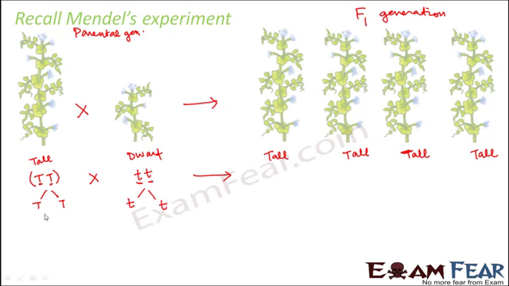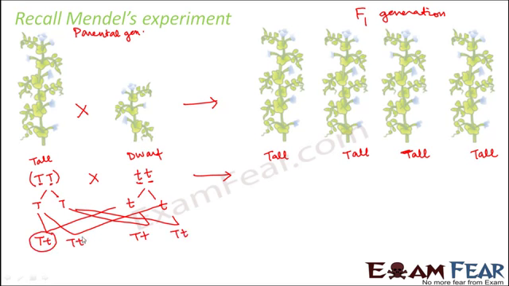Now, what can happen? If any of these combine with any of these, the net result is always going to be capital T, small t, capital T, small t, capital T, small t. So, the only possibility if a homozygous tall is crossed with a homozygous dwarf is that you will only get heterozygous, right? All these are going to be heterozygous.